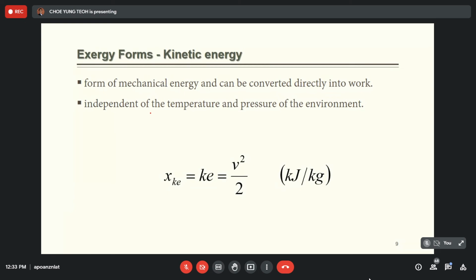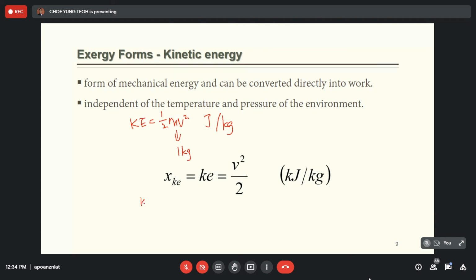We know that kinetic energy equals 1 over 2 mv squared, and the unit will be joule. But for the study of Exergy, we always use the amount of Exergy per kg of the system, of the water, of the steam, or something else. So per unit kg, this m will automatically equal 1 kg.